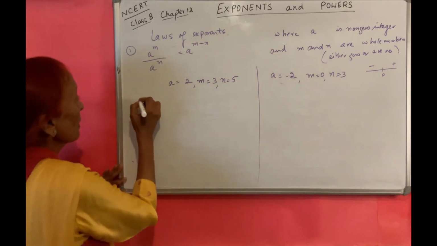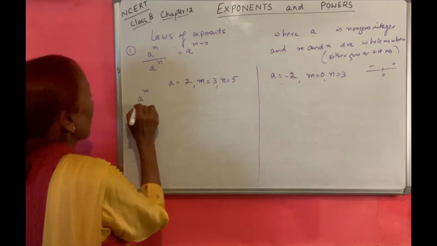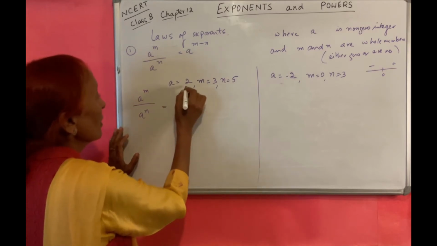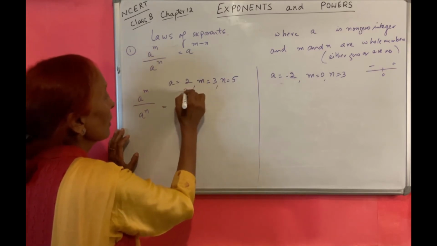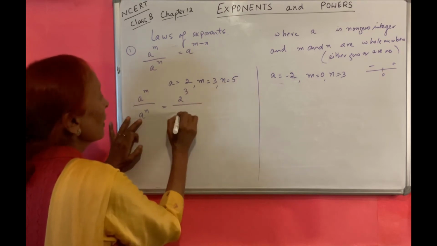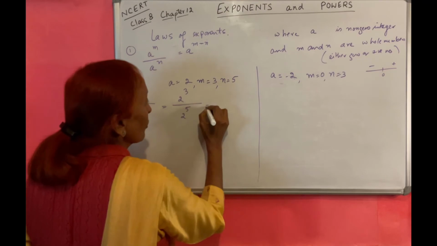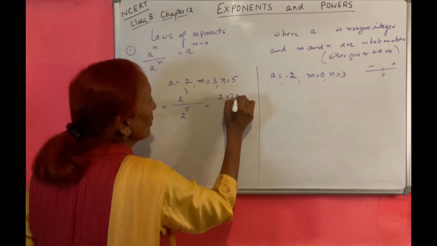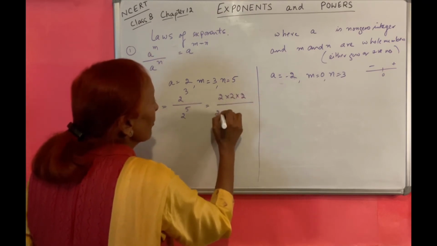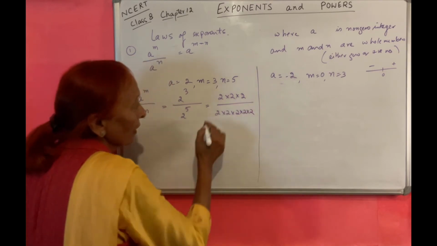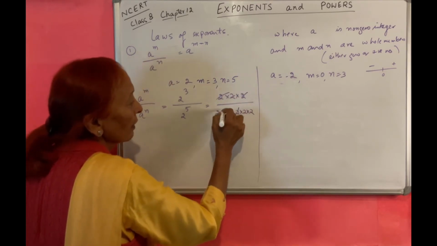So in this case we'll start with a raised to power m upon a raised to power n. What is a here? 2, raised to power m is 3. What is a here? 2, n is 5, right? So this is 2 into 2 into 2 divided by 2 into 2 into 2, 5 times, right? 3 get cancelled.